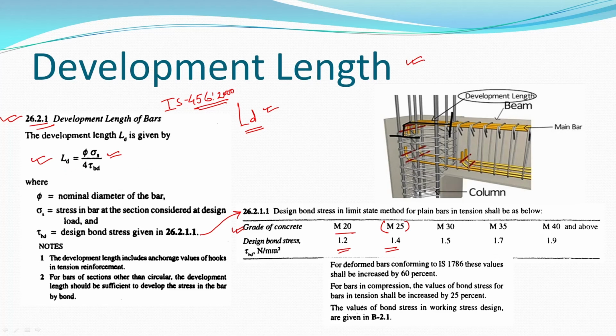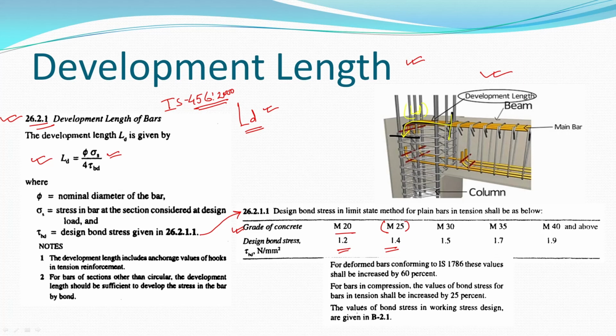Now in this picture you can see the same bar bending schedule I have shown in the last semester. So here, one second, I am changing the color. Look here, from this point, this particular length up to this, which goes inside the column, this particular length is termed as the LD value.